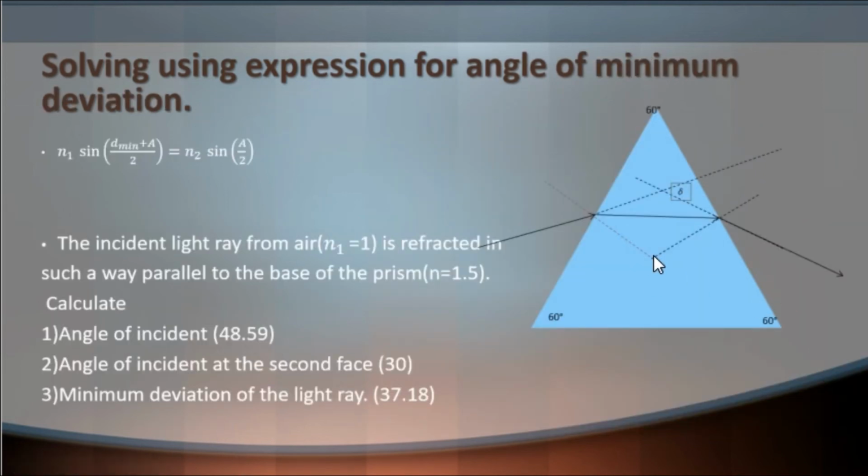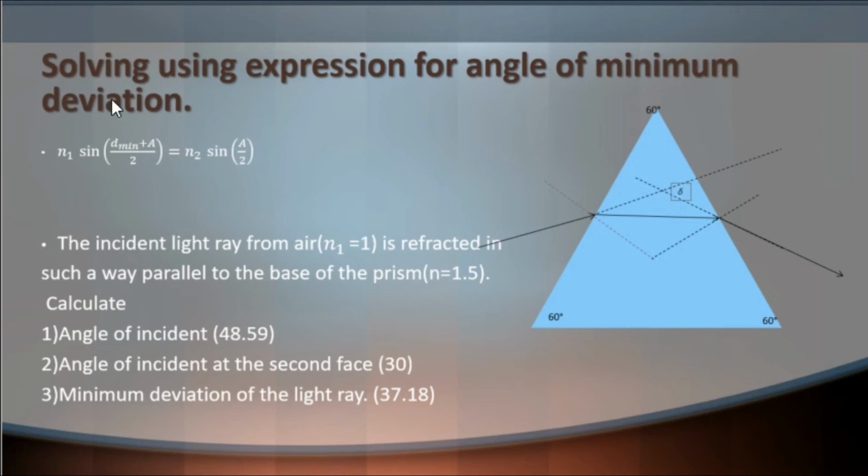This is another question of finding the angle of minimum deviation. This is a similar formula to the previous part. However, I don't recommend using this formula because it is only usable when the angle of incidence is equal to the angle of emergence, and the refracted ray must be parallel to the base of the prism.